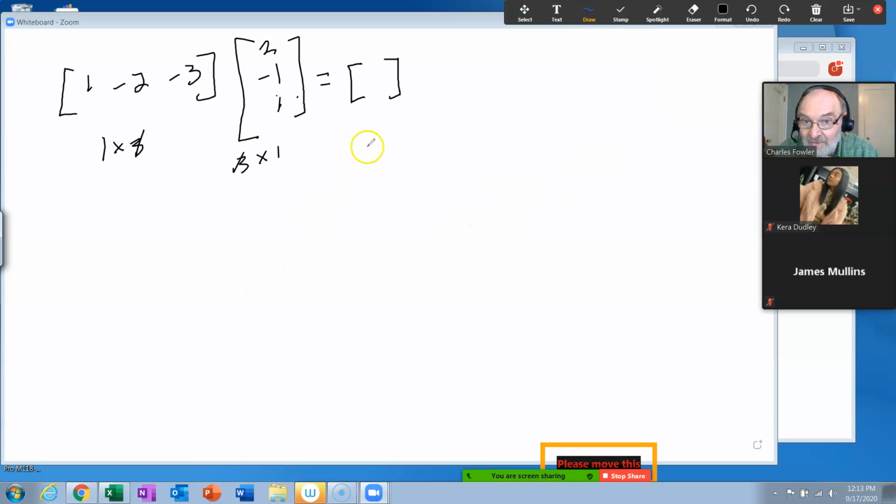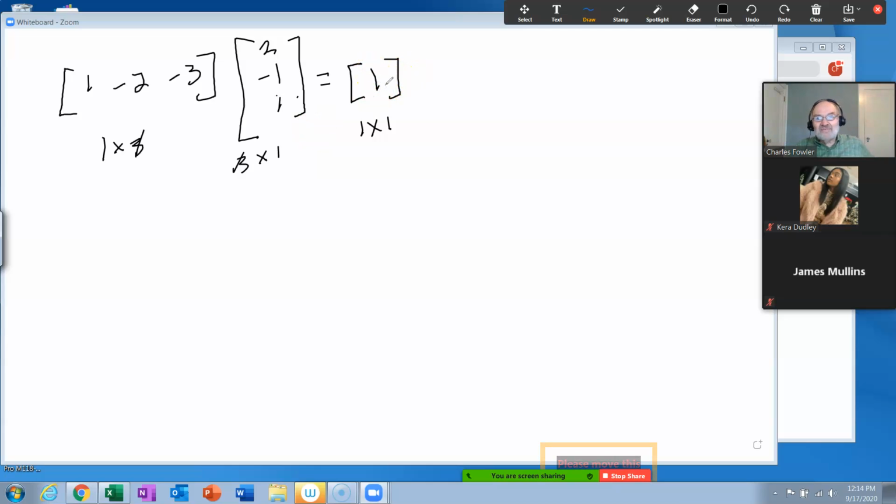I didn't want to. So this is going to be a 1 by 1, meaning just a single number, which you don't usually think of as a matrix, but in this case it is. So let's do it. The 1,1 entry: first row by first column. 1 times 2 is 2, plus -2 times -1 is +2, so that's 4, plus -3 times 1 is -3, so 4 minus 3 is 1.